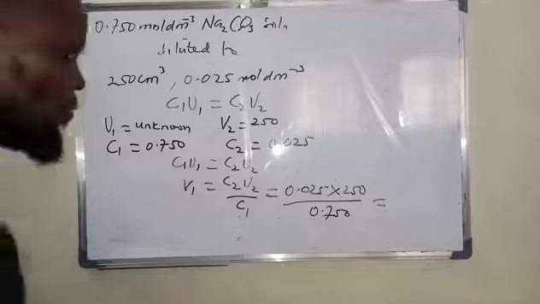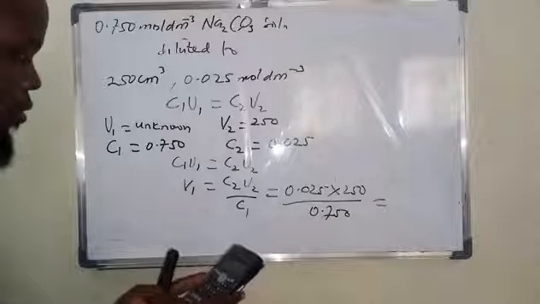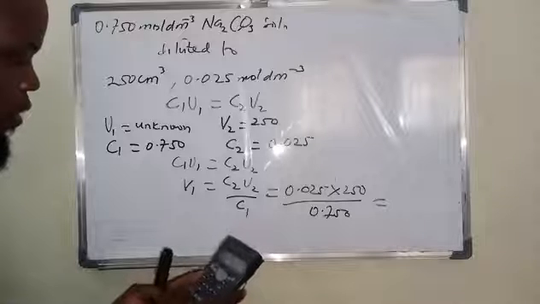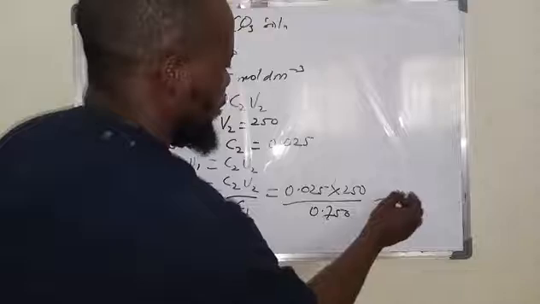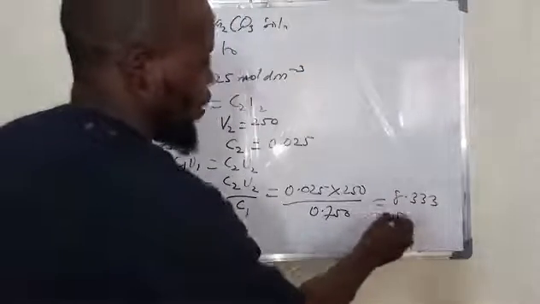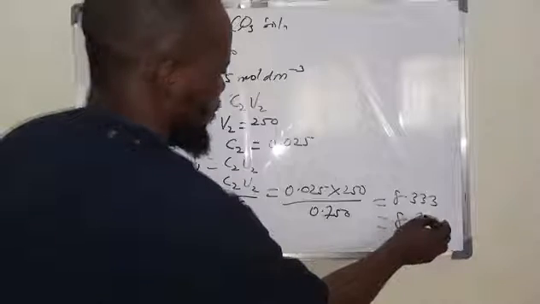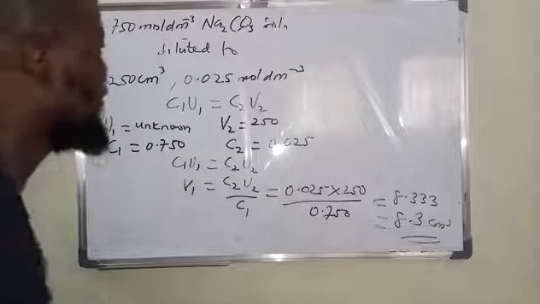So this will give 0.025 times 250 over 0.75. This gives 8.3333, and so on. Then to one decimal place, it will be 8.3 centimeter cube, which is the answer.